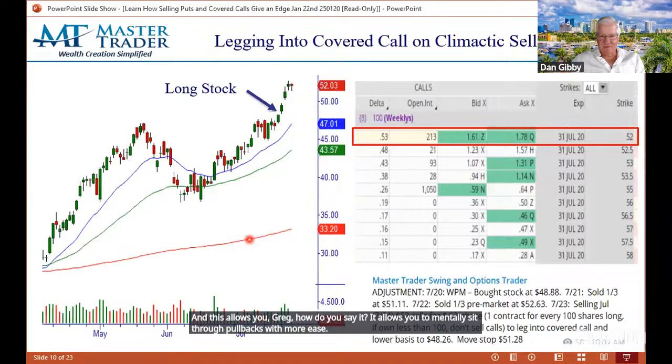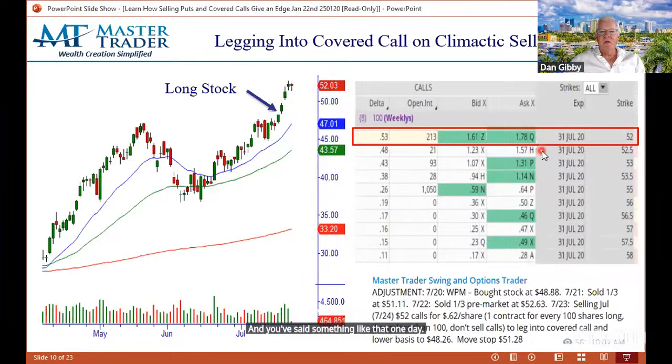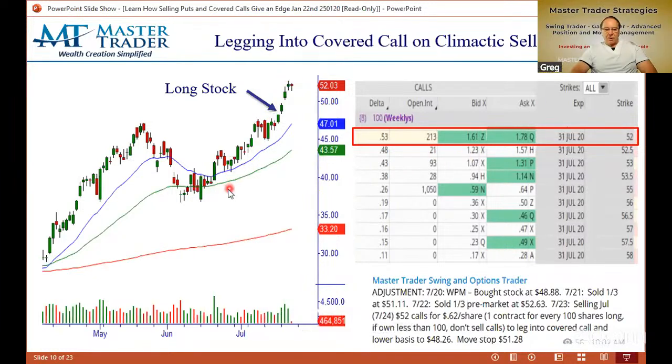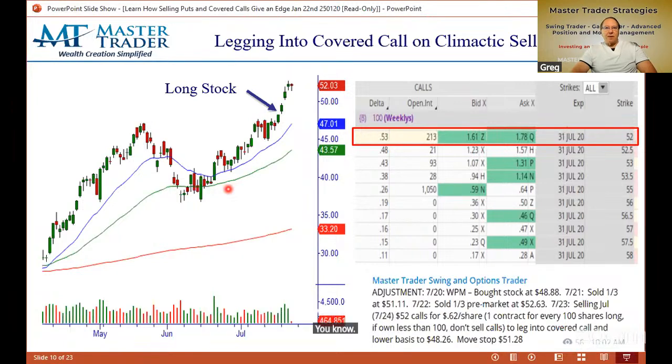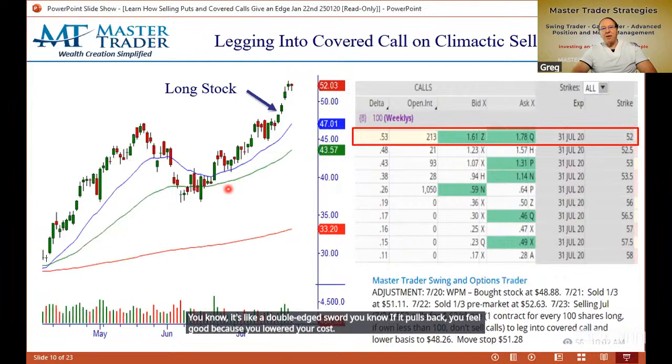You said something like that one day. Well, it's up to the individual, but you sell the covered call, and if it pulls back, it's like a double-edged sword. You feel good because you lowered your cost. If it goes higher and they take your stock away, you're like, oh, woulda, coulda, shoulda. So you do the best you can.